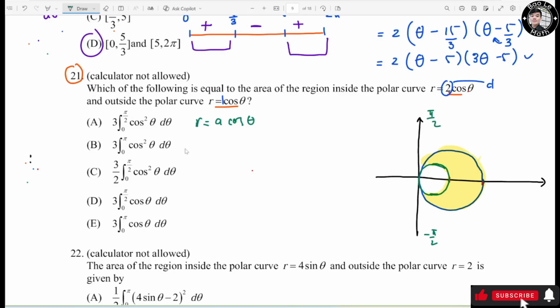So we have the formula: area equals 1/2 the integral from negative pi over 2 to pi over 2 of the outer radius, 2 cosine theta altogether squared, subtract the inner radius, cosine theta altogether squared, d theta, right?